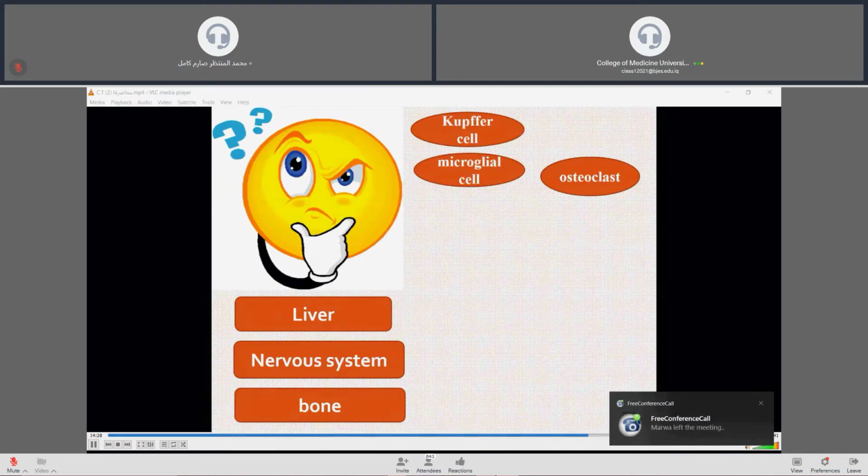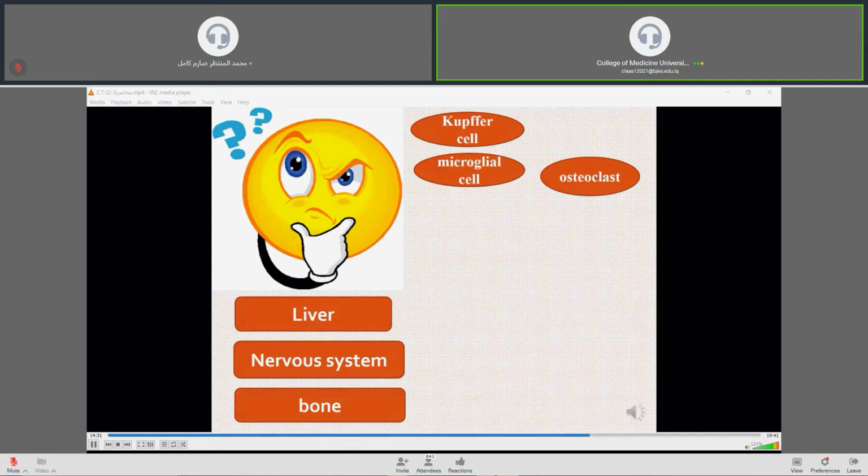In certain regions, macrophages have special names: in the liver, the macrophages are called Kupffer cells; in the nervous system, they are called microglial cells.